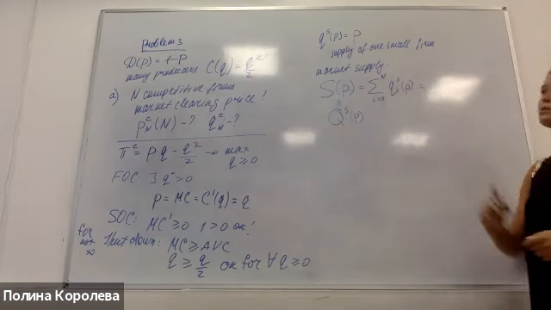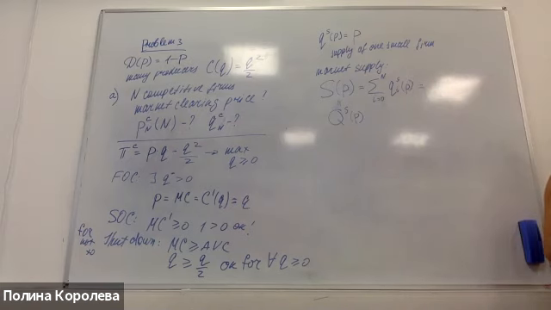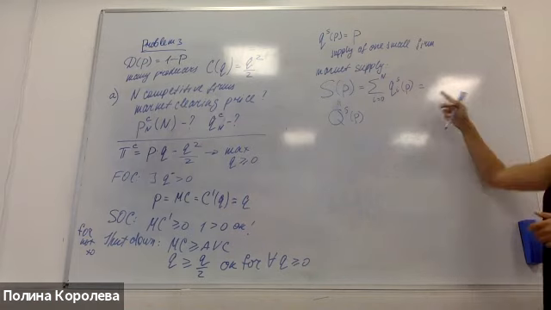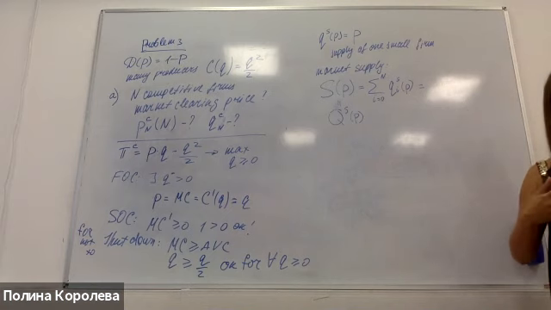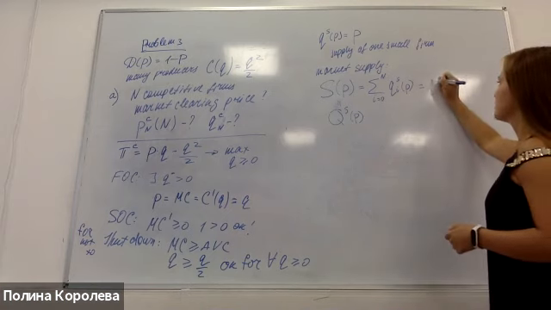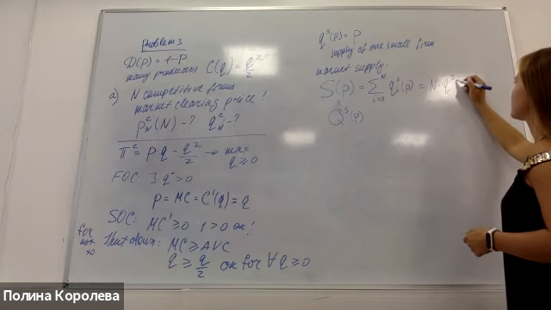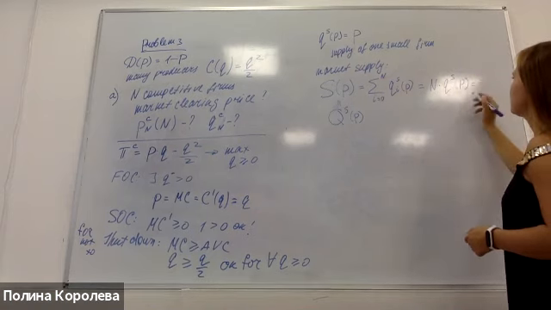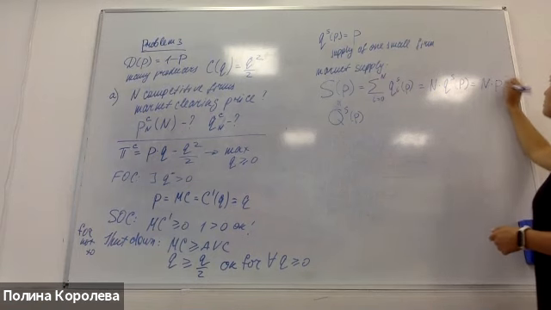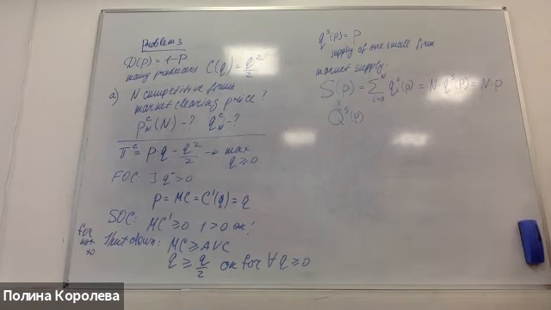But we know now that we have identical firms with the same cost functions, and we have n small firms. So this will be n multiplied by the supply of one small firm, and this is n multiplied by P.